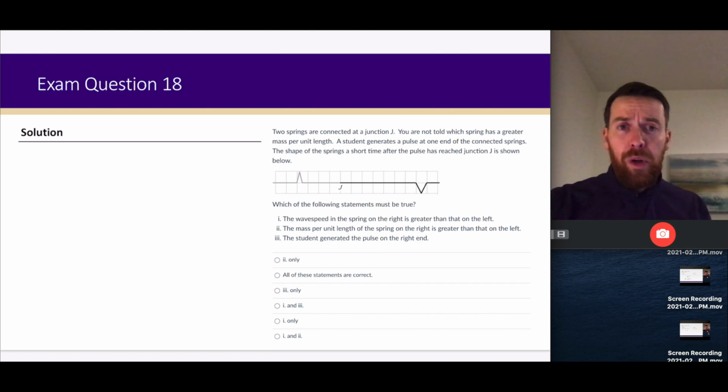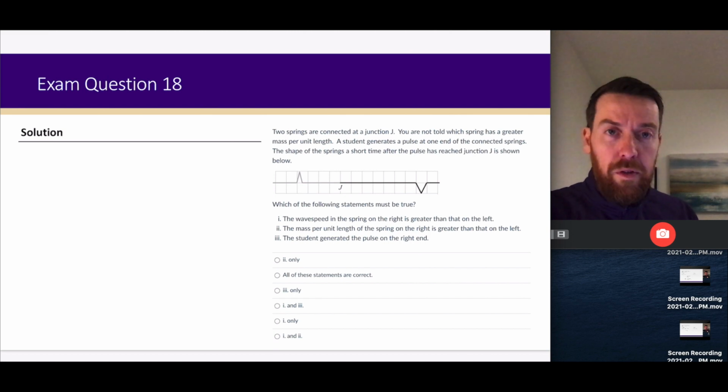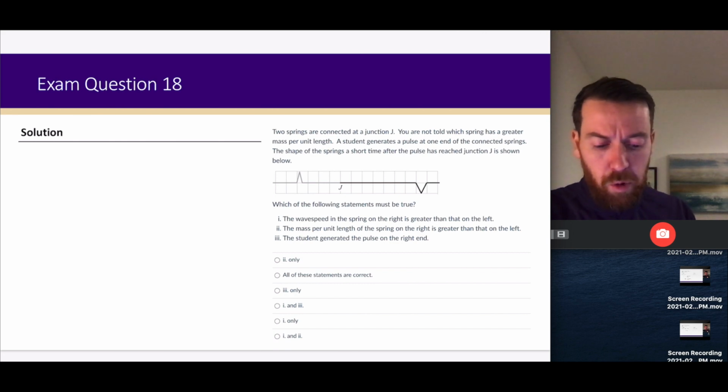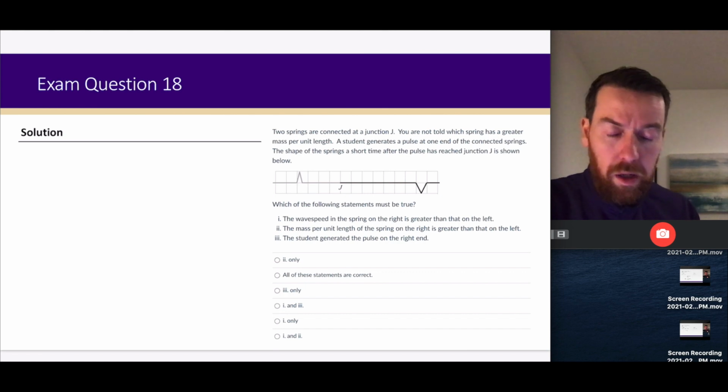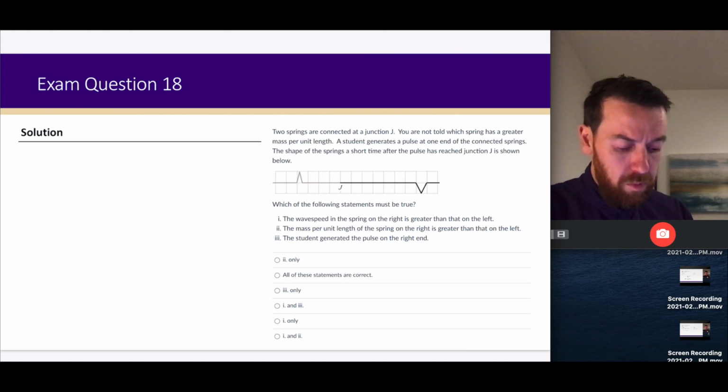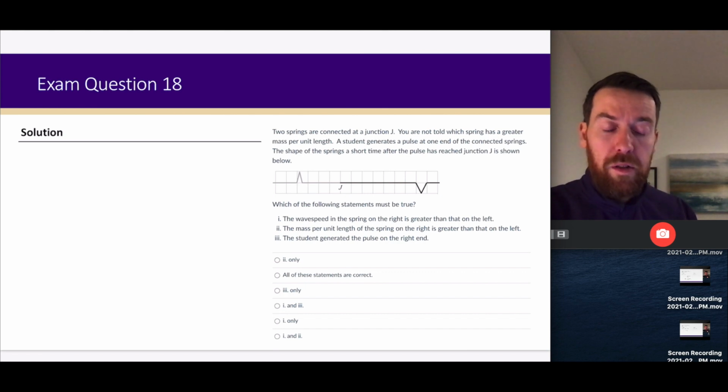I'll go through the two scenarios, because the second version was the opposite of this, so I wanted to do a slightly more general solution so we can deal with both scenarios, whether the initial pulse is generated in the more dense spring or the less dense.